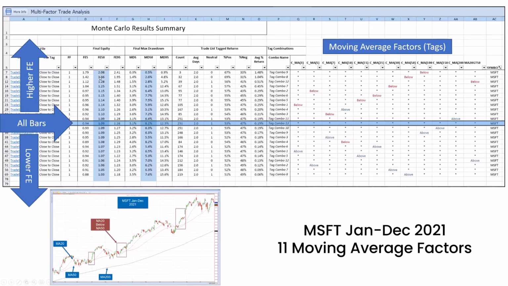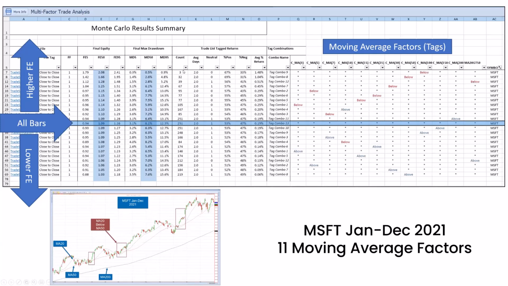equities. Now, when you're doing this, you do have to be careful about the number of bars that you've put into this black bag that you're pulling from. Because sometimes, for instance, I've got the count here in column J, and in the highest performing run, this is the close below the 100-period moving average.